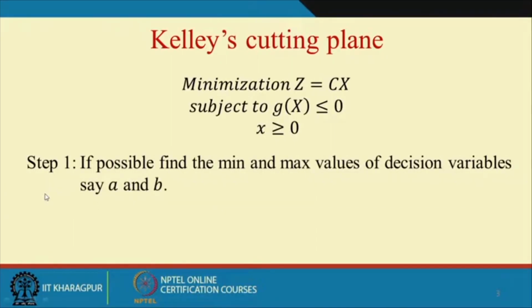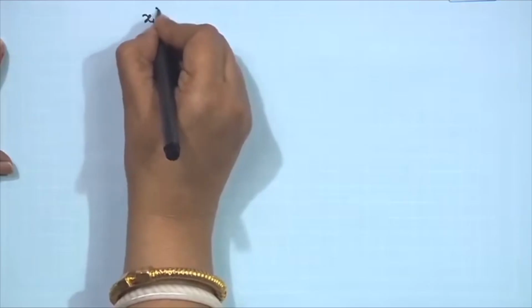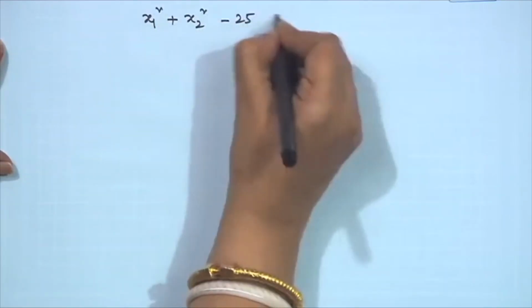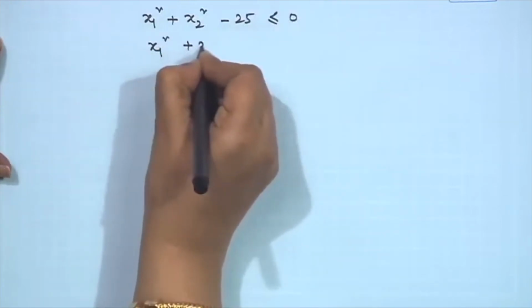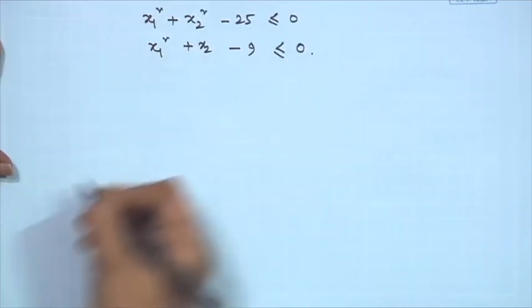Now, the first step is that, if possible, find the minimum and maximum values of the decision variables. For example, we have a problem where the constraints are x1 square plus x2 square minus 25 less than or equal to 0, and x1 square plus x2 minus 9 less than or equal to 0.